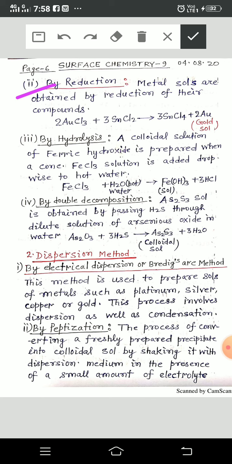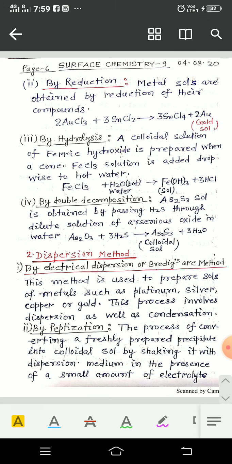When you observe this reaction, you will find that this is the reduction of AuCl3, because Au is here in +3 state and here it is in 0 state. By hydrolysis, this is the example of hydrolysis, and this is the example of double displacement reaction.